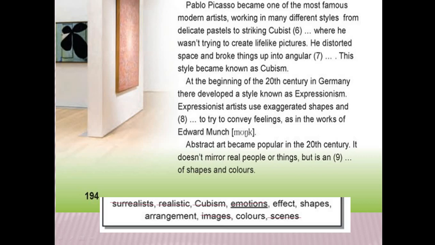Pablo Picasso became one of the most famous modern artists, working in many different styles from delicate pastels to striking cubist, and we have the words effect, shapes, arrangement, and colors. From delicate pastels to striking cubist shapes.